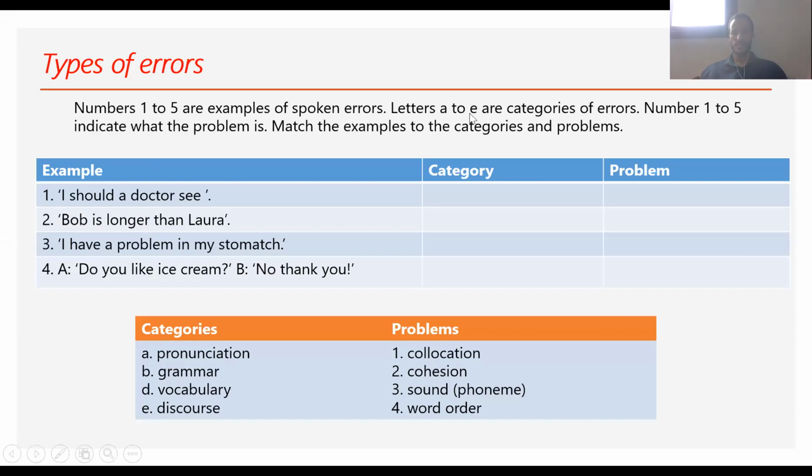Letters A to E are categories of errors. Indicate what the problem is and match the examples to the categories and problems. The categories are pronunciation, grammar, vocabulary, and discourse. The problems are collocation, cohesion, sound, and word order.